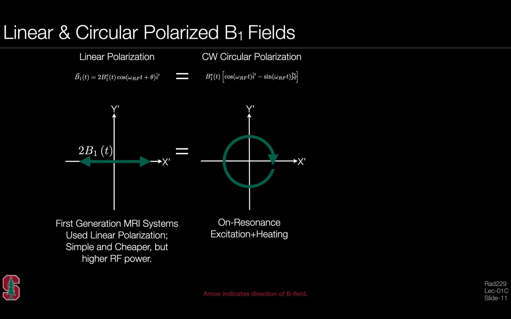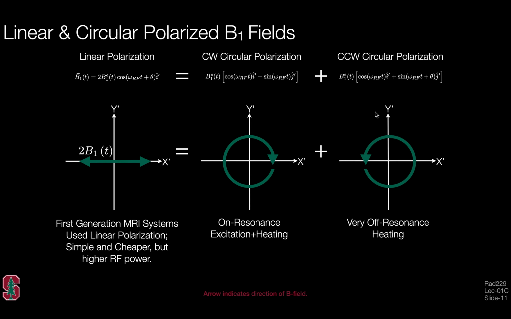And this particular magnetic field will be a left-hand magnetic field that's rotating at omega RF, at the RF frequency in the transverse plane. And this, we'll see shortly, will generate on-resonance excitation, and it will generate some patient heating.